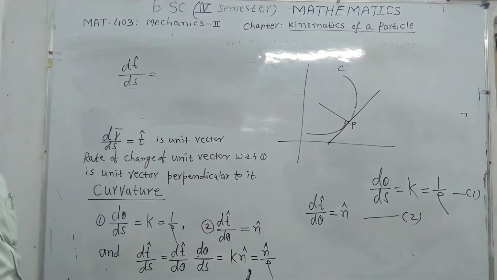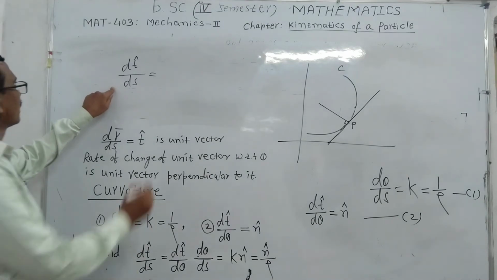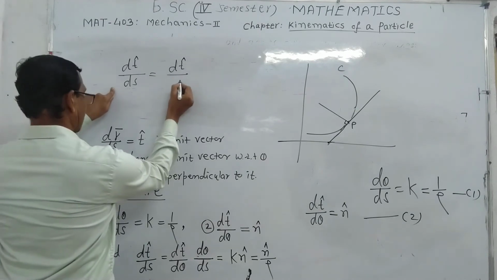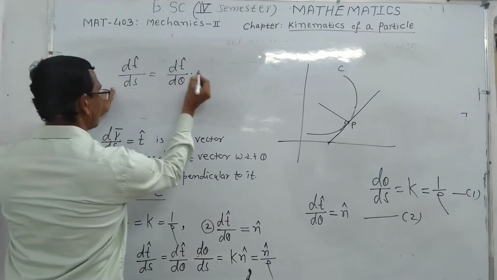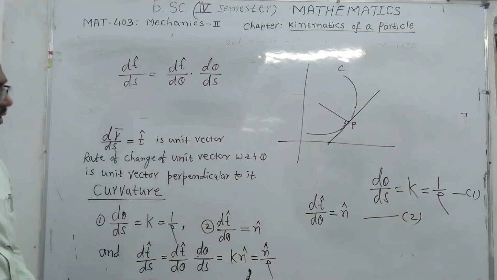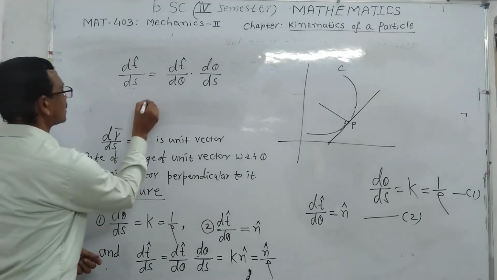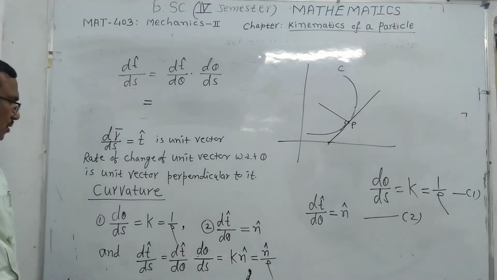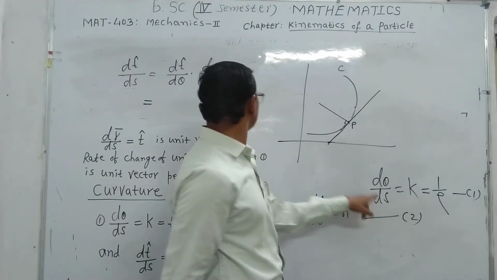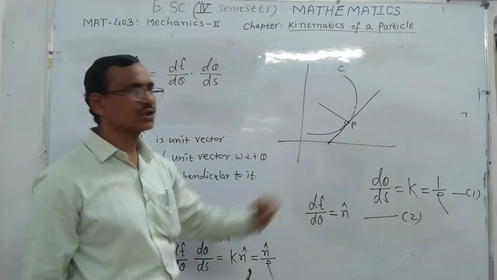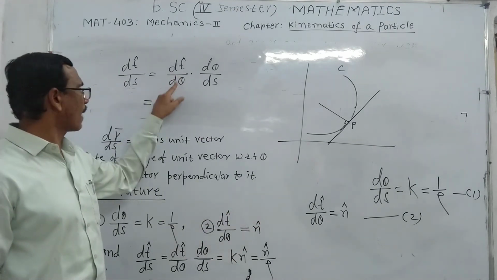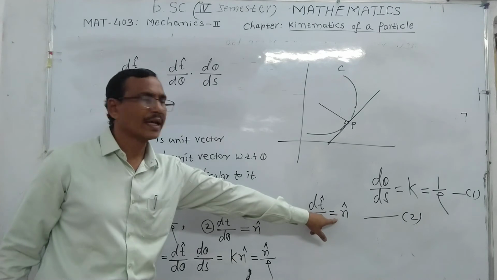D t cap by ds can be written as d t cap by d theta into d theta by ds, which is equal to, now by equation 1, d theta by ds is equal to k, and by equation 2, d t cap by d theta is equal to n cap.